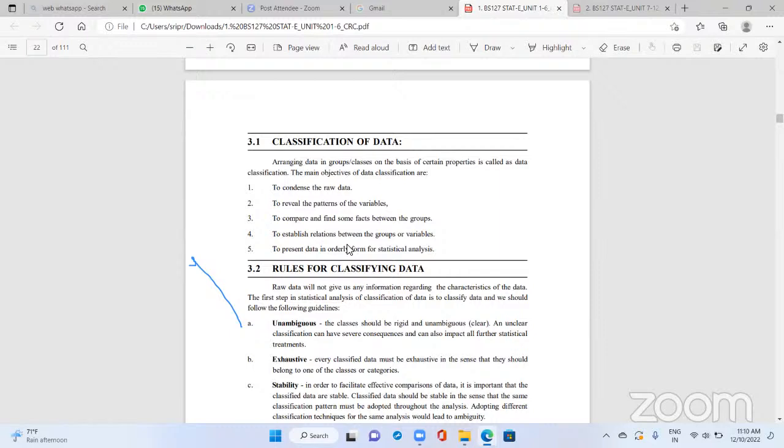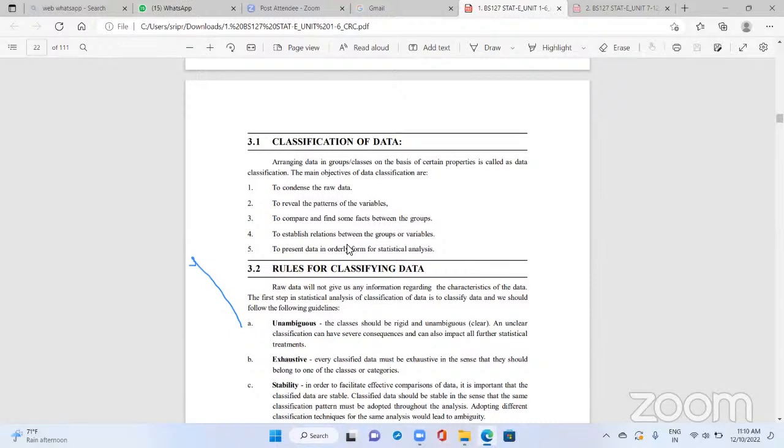Out of these four, the first one is quantitative classification: classification on the basis of quantity. Second one is temporal or chronological classification: the basis of time.